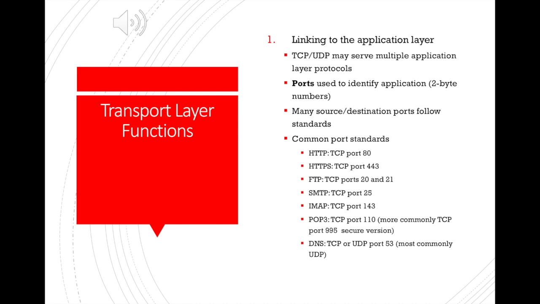Just looking at the list below, we can see that HTTP, HTTPS, FTP, SMTP, IMAP, POP3, DNS, what have you, they all reference TCP ports or UDP ports. So that's what they mean when they say it serves multiple application layer protocols.